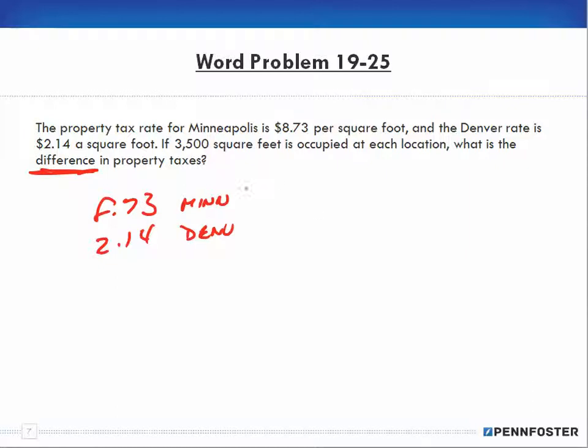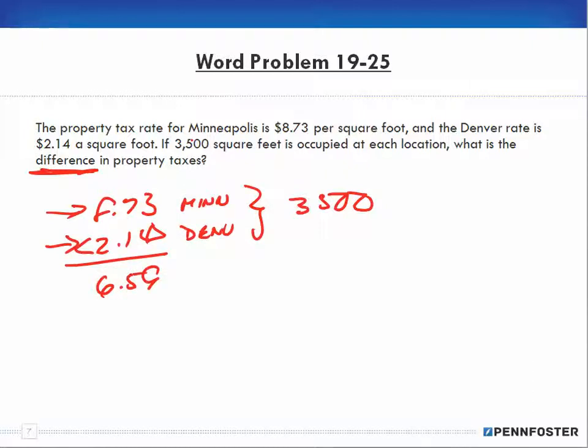They're both at 3,500, but Minneapolis is more than Denver, so how much more? Well, that's the 6.59. Since that's the difference, that's how much more, which is why we multiply by 6.59 to get 23,065.